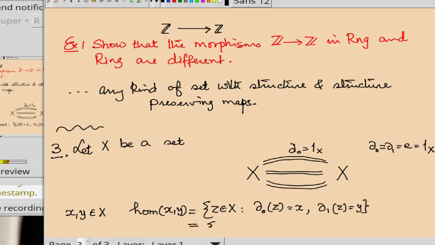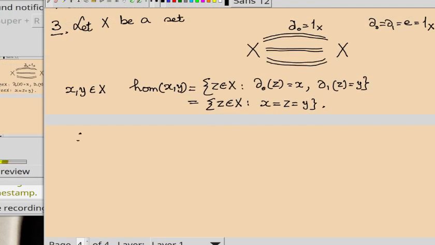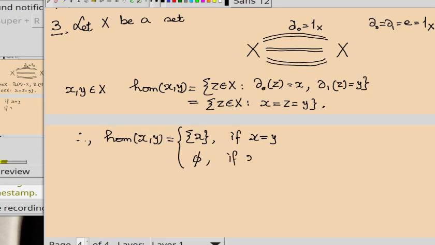So it means it is z such that x is equal to z is equal to y. So in other words, it turns out that hom(x,y) is the singleton x if x is equal to y, and is the empty set if x is not equal to y.